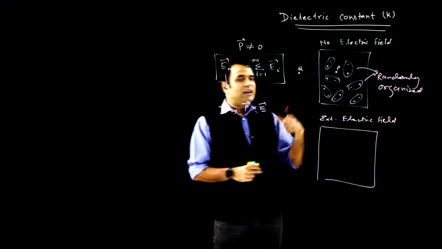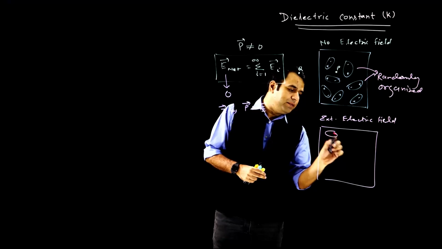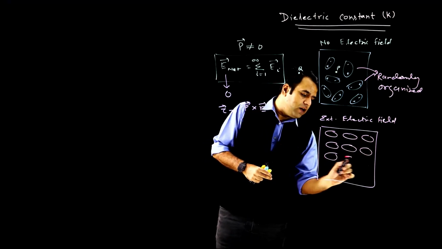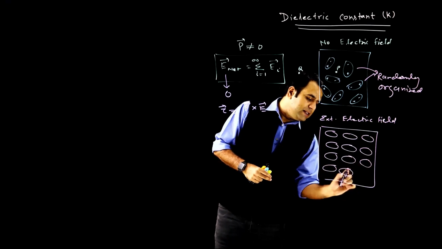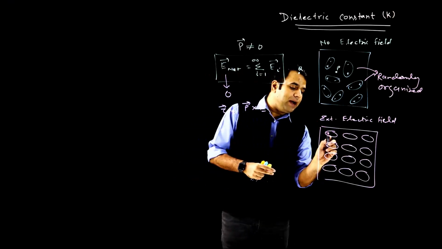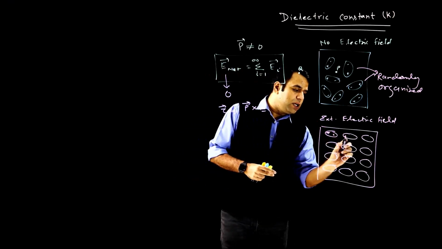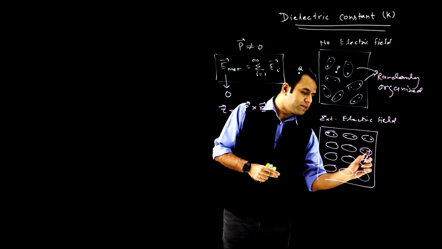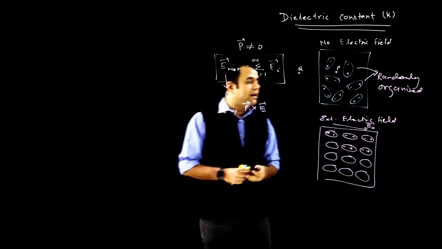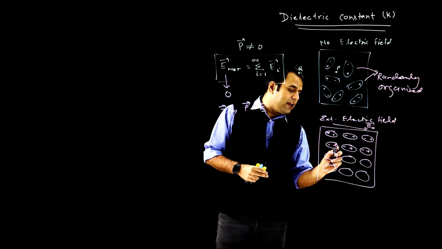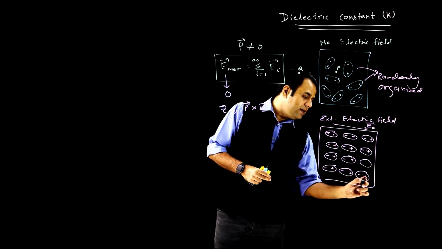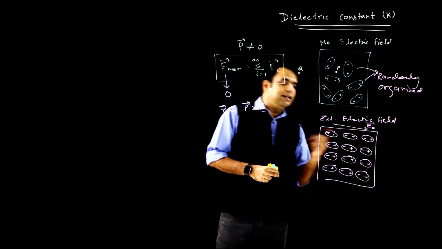The rearrangement that takes place inside the system will make the net effect look like this. Each and every dipole will become parallel to the electric field like this. This is the direction of the external electric field. I am taking that external electric field as E naught, and it will make the molecules of the system tilt themselves.